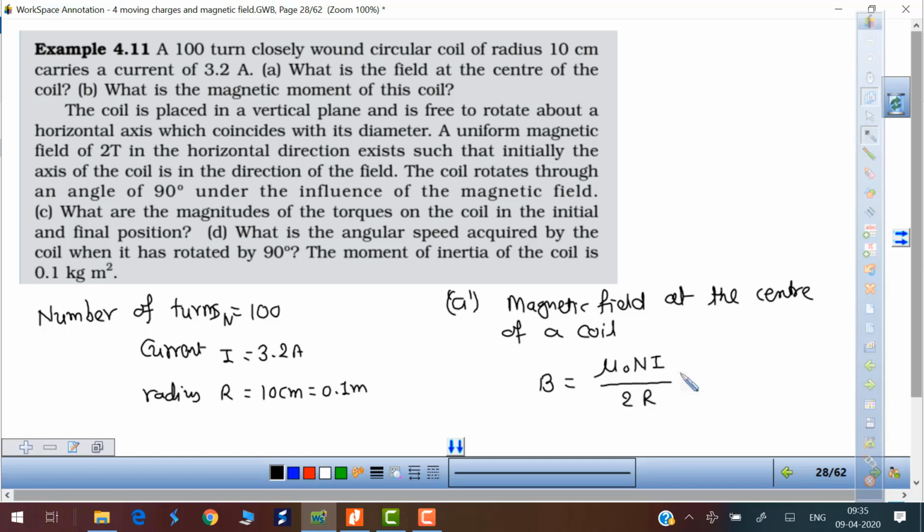Remember this formula. On the axis we have the formula mu 0 N I R square upon 2 into R square plus X square whole raised to 3 by 2. Put X equal to 0, we get this formula.